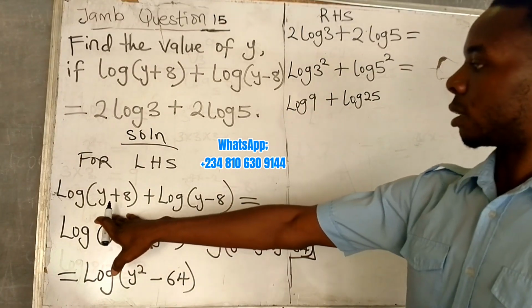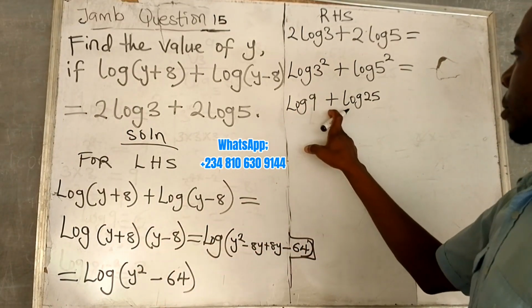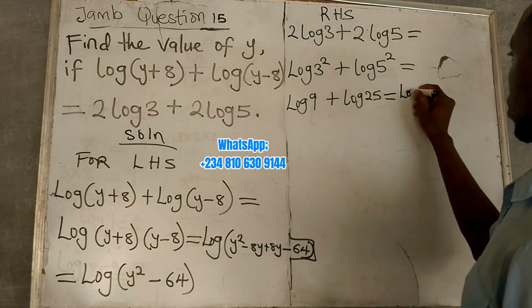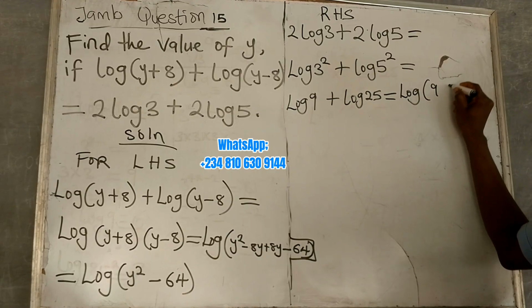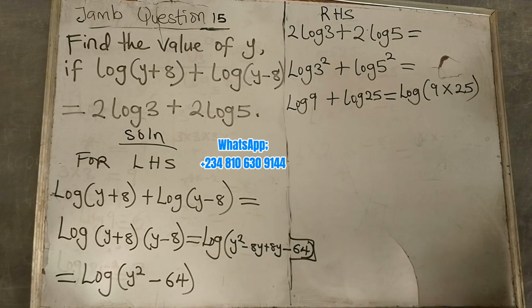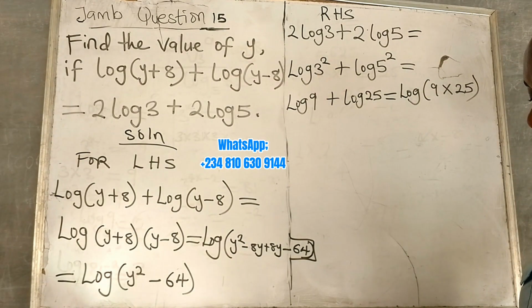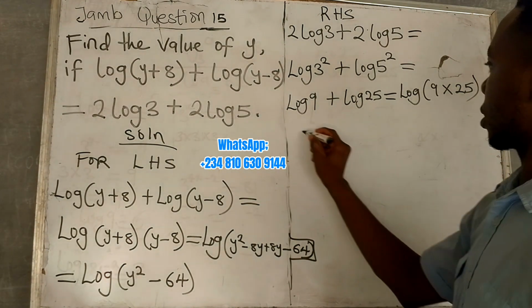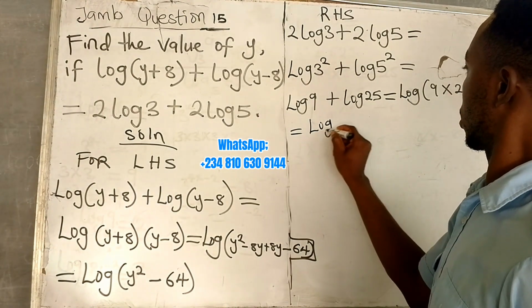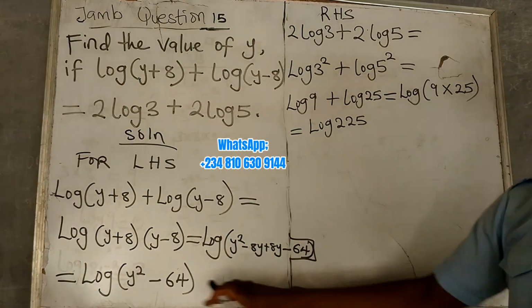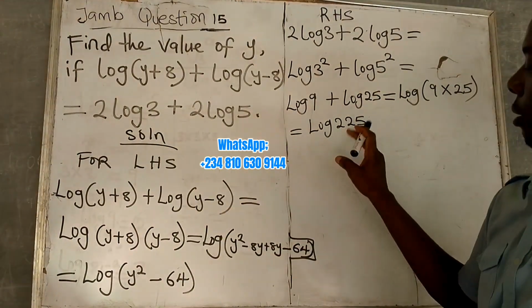Then here you still apply the rule that you did here. Since they're adding themselves, this will multiply themselves. So this will be equal to log (9 times 25). 9 multiplied by 25 will give us 225. So this is equal to log 225.